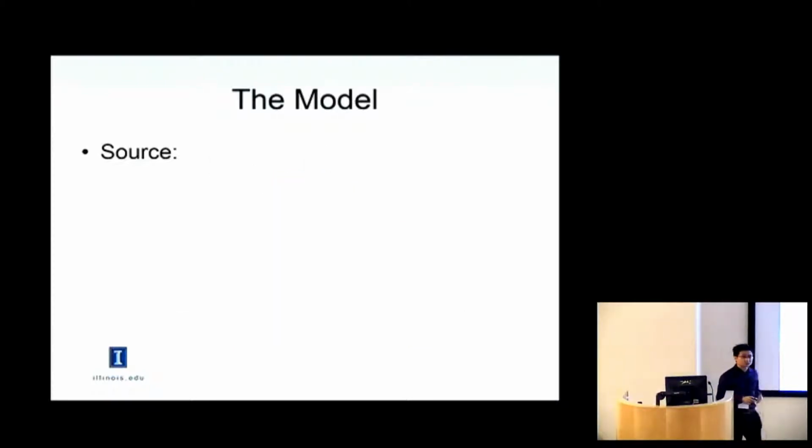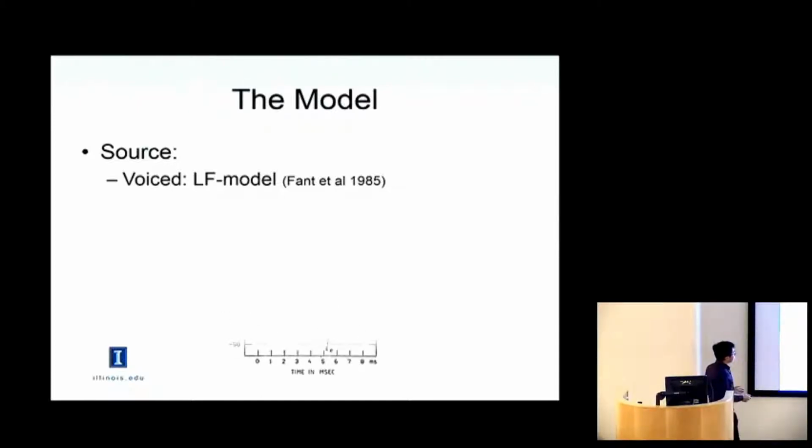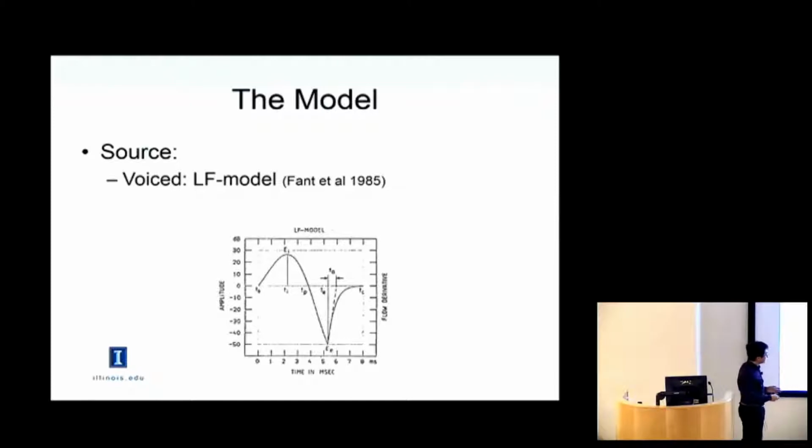The model for the source really breaks into two different cases. The first case is the voiced case, where your glottal cords actually vibrate. In 1985, there was a very well-studied model called the LF model, which is still very popular. The LF model basically assumes this is the first-order derivative of the glottal wave.